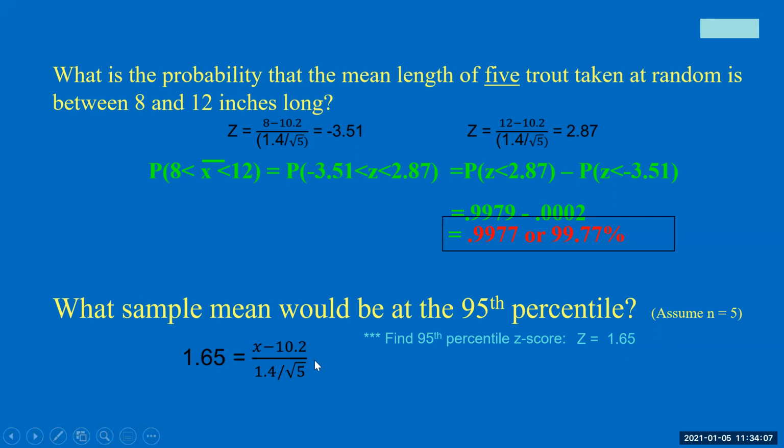Or we could multiply both sides by 1.4 divided by the square root of 5, and then add 10.2. Either way, we should get an average length of 11.23. So what sample mean would be at the 95th percentile? That would be 11.23.